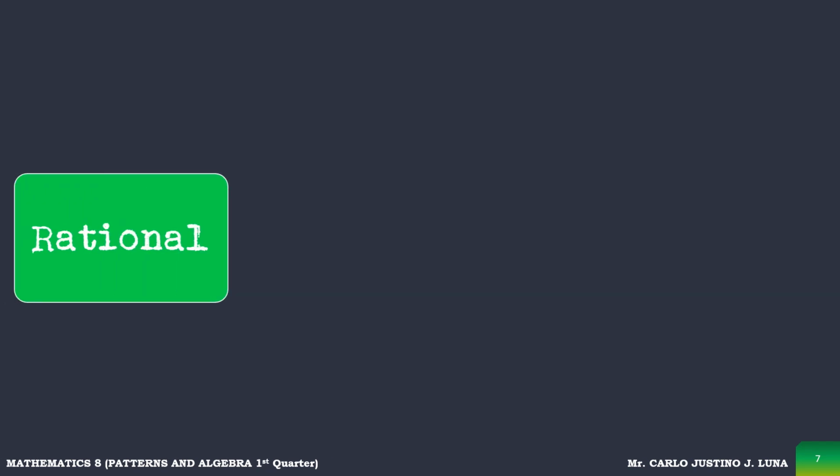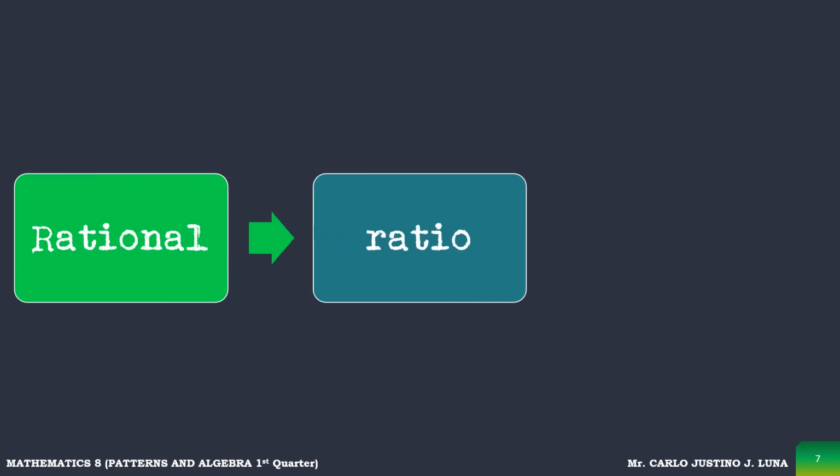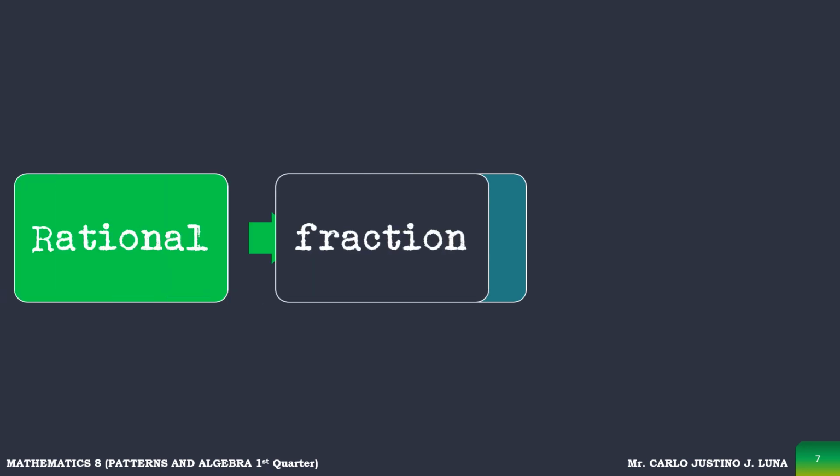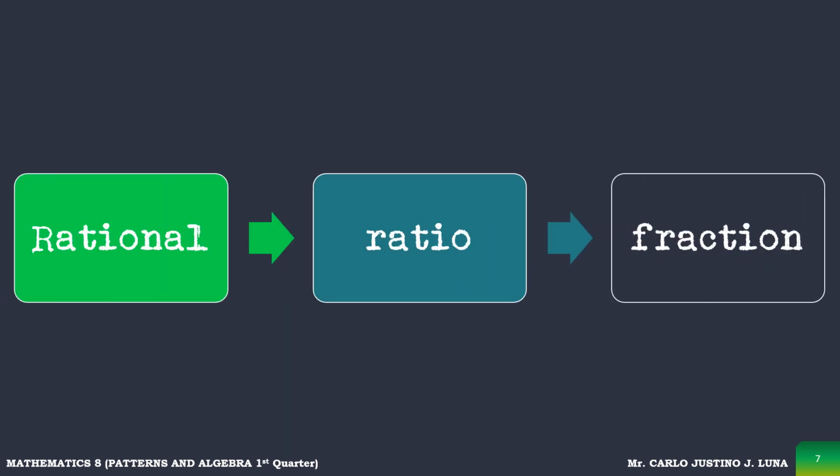In mathematics, the word rational derives its meaning from the word ratio. As you know, a ratio can be expressed in fraction form. During your elementary mathematics, or lower math, you already discussed fractions. Diba?